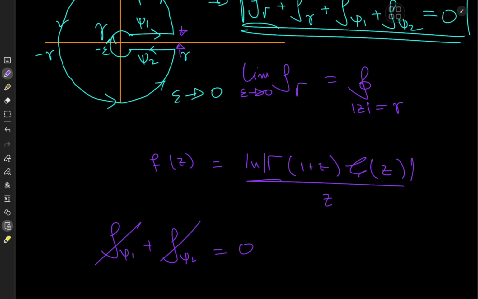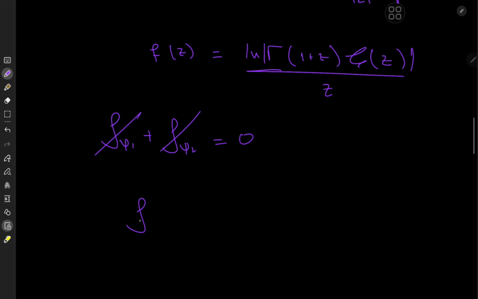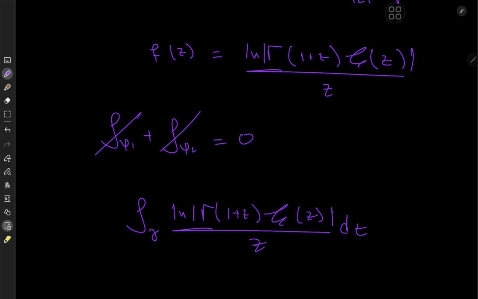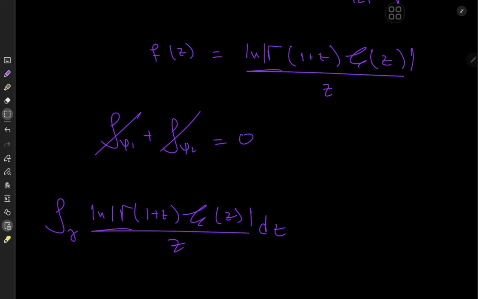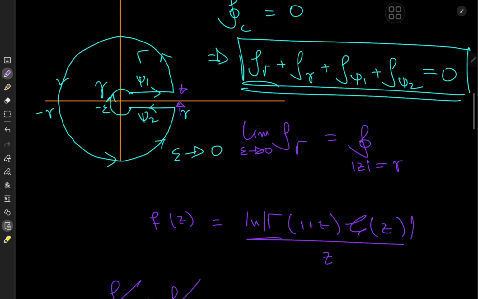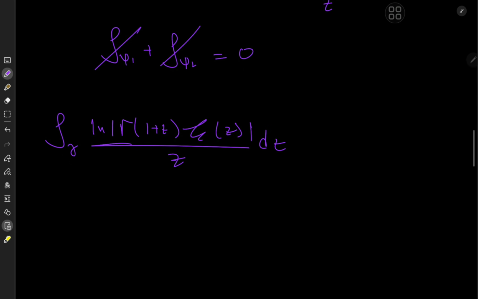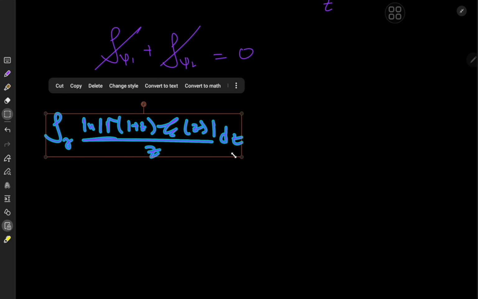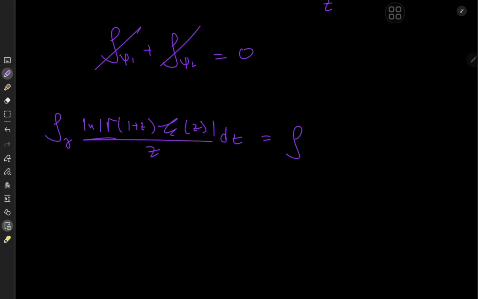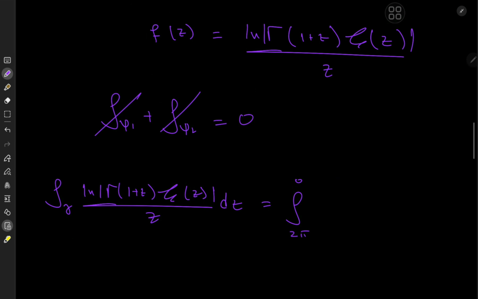Okay, cool. Now, what about the integral over lowercase gamma? The integral over lowercase gamma of log of absolute value gamma 1 plus z times zeta z over z dz can be parameterized quite nicely. Notice here that z can be parameterized as epsilon times e to the i theta, where theta goes from 0 to 2 pi. So that means this equals the integral from 2 pi to 0 actually, because we are traversing the circle in the clockwise sense.